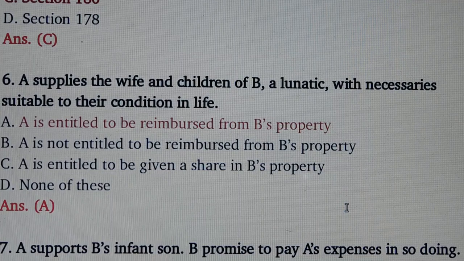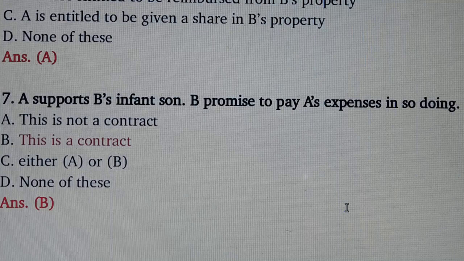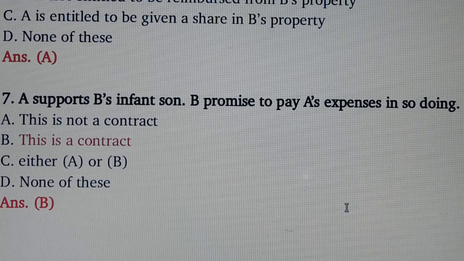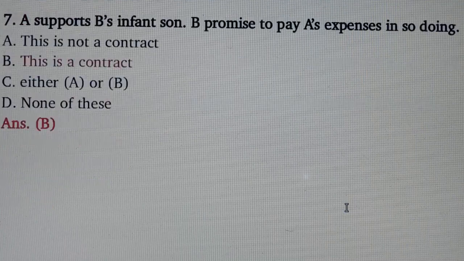Answer is A is entitled to be reimbursed from B's property. Question number 7. A supports B's infant son, B promised to pay A's expense in so doing. Answer is option number B, this is a contract.